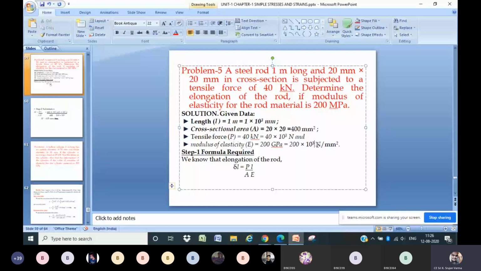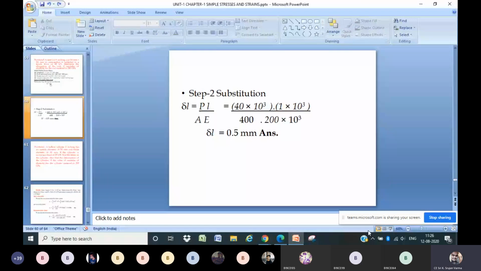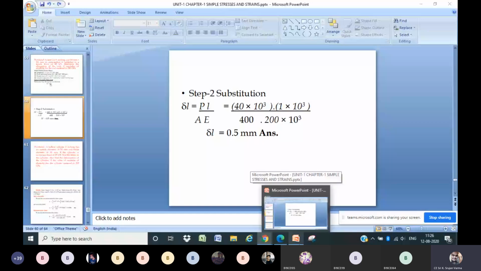Let it be, it is correct only. Is it visible to you, students? Yes, sir. We'll modify that later.